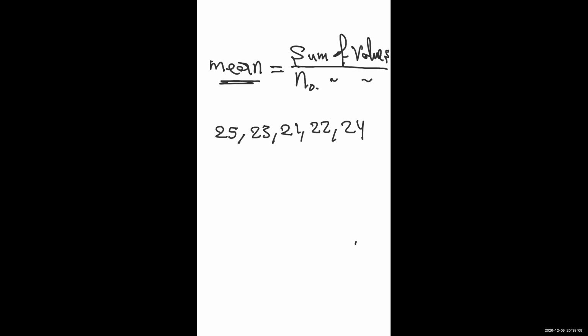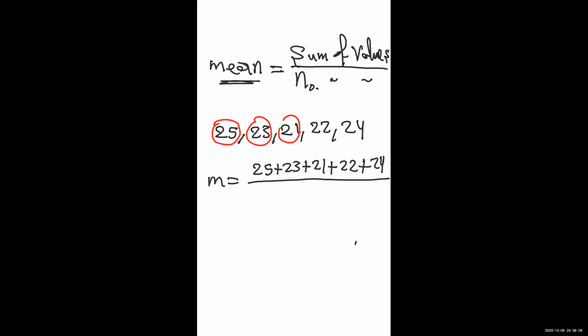How to get the mean? Actually, the mean will equal the sum of the values, so this means 25 plus 23 plus 21 plus 22 plus 24 over the number of the values. How many values do we have here? 1, 2, 3, 4, 5. So over 5.